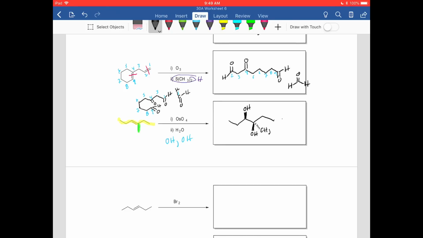And then I'm also going to get the enantiomer of this compound where the dihydroxylation reagent approaches from the back. So here I can have my OH back, and then down here my OH would also be back, and that then pushes my methyl group forward. But notice here that in both cases, my hydroxyl groups are either both forward or both back, and so that represents a syn addition.